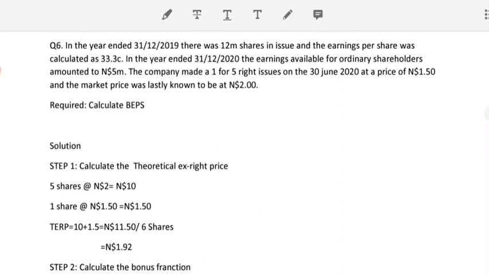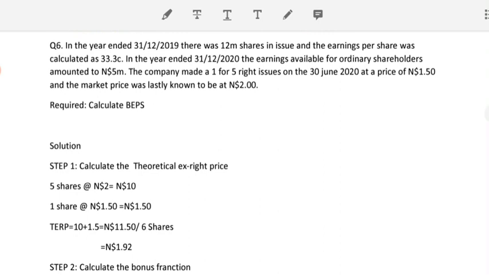Step number 1 is to calculate what is called the theoretical ex-rights price. They normally shorten it to TERP. With TERP we are saying that we have 5 at $2, that's 10, plus the 1 we get at 1.5, and that is 11.5. We now have 6 at 11.5.